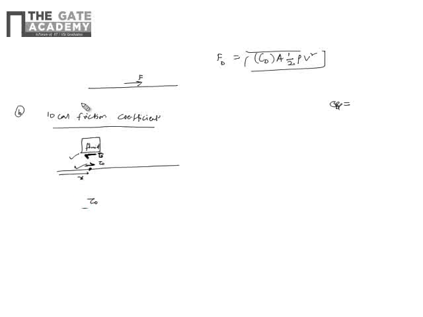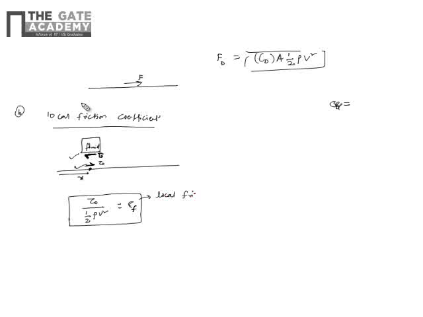So this tau naught by the dynamic pressure, that is half rho v square, is defined as the local friction coefficient. Okay, so this is again one of the non-dimensional numbers in boundary layer. When you study boundary layer, one of the non-dimensional numbers that comes is the local friction coefficient.